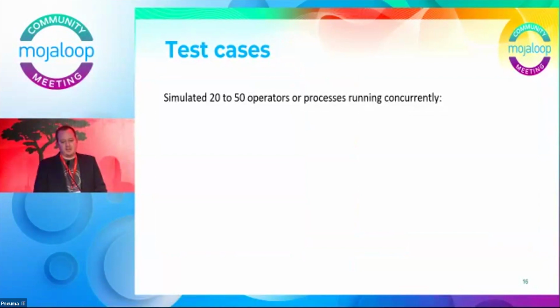Okay, the actual test cases. The 2 main ones are the 20 concurrent operations and the 50 concurrent operations. With one exception, we've done some tests just to see the behavioral differences between running Tiger Beetle and not running Tiger Beetle.